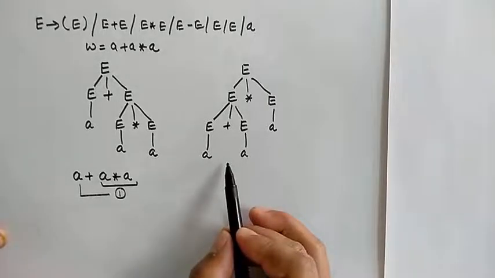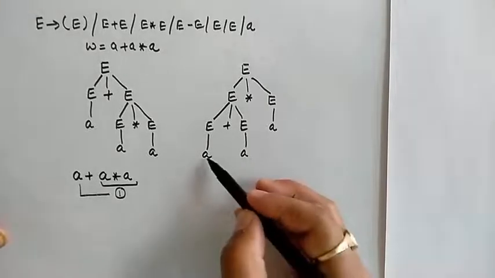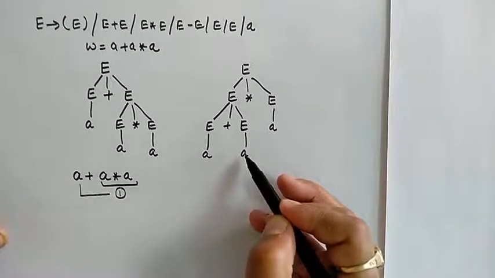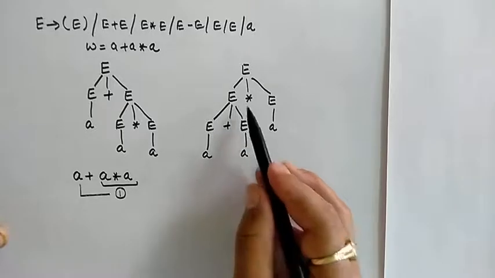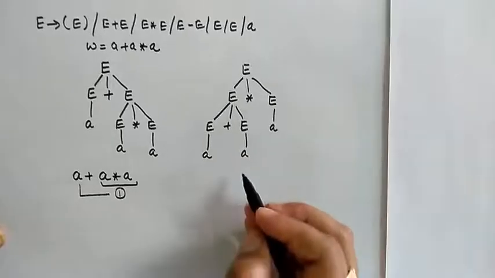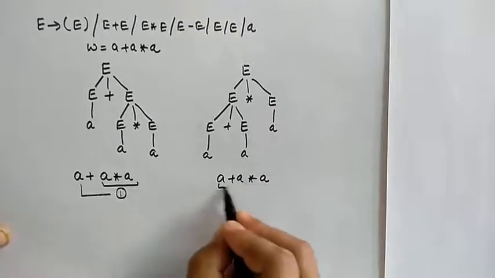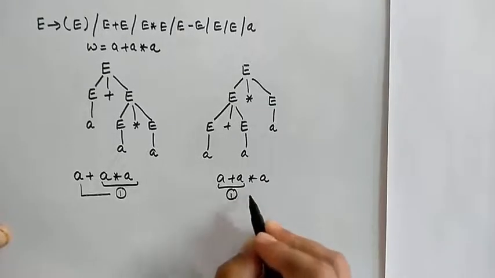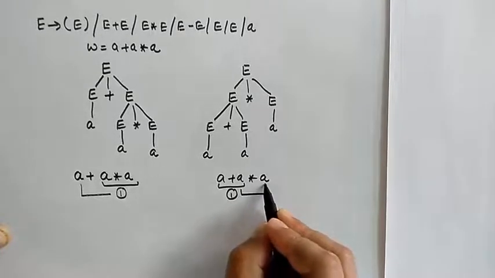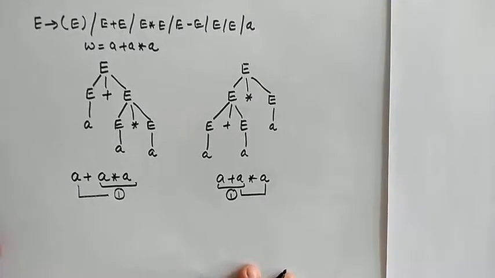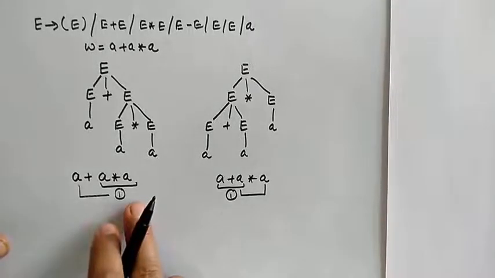While in case of this derivation, you see first addition is happening here. First A plus A will be done, then the result of this will be multiplied by this A. Like first A plus A would be there, then the result of this addition will be multiplied by this A. So the meaning of this is what?